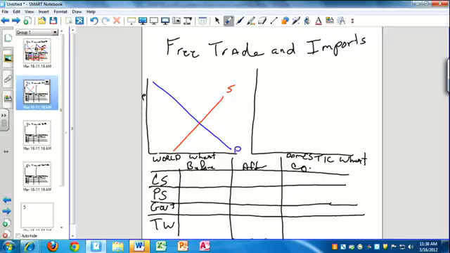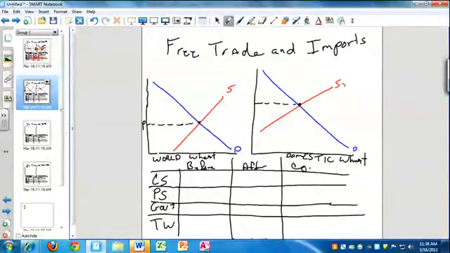Okay. So here's the price in the world market. And in the open domestic market, this is the price before trade.